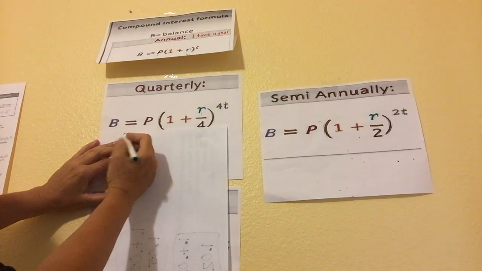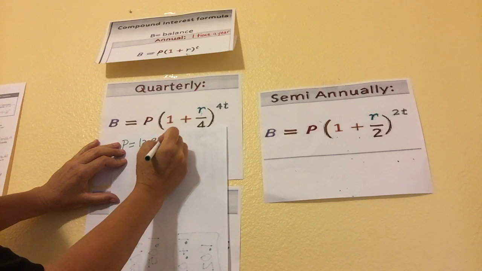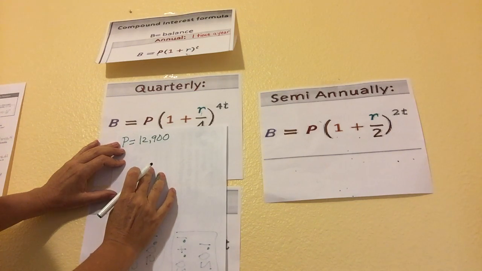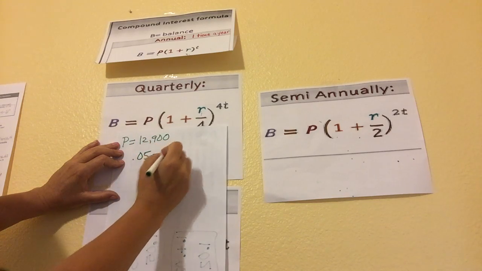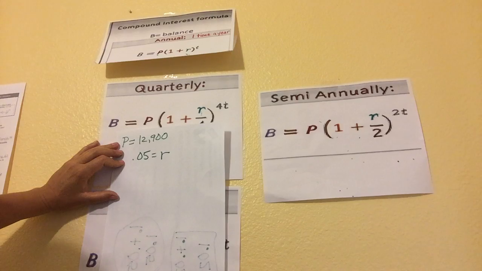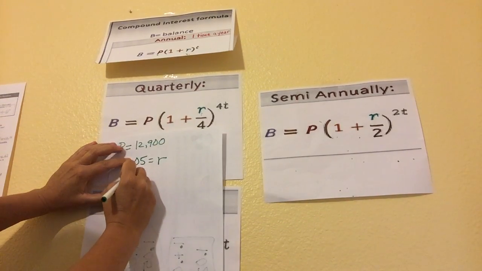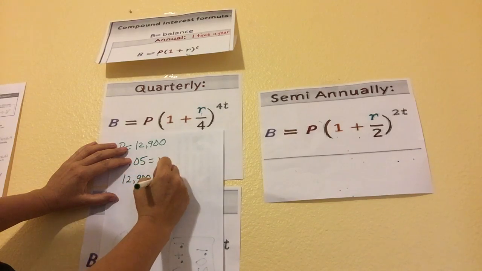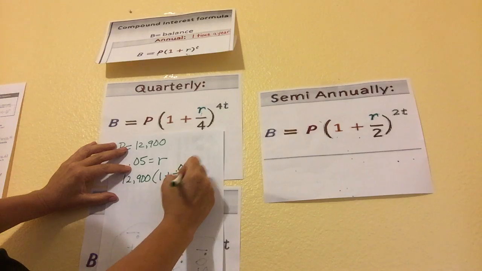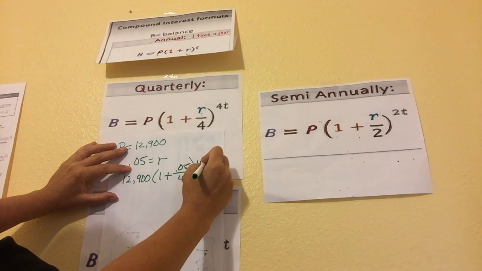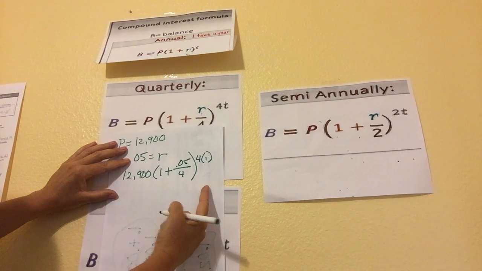So it says the deposit of, so P equals 12,900, and then we have a savings account. It's earning 0.05, that equals R. Okay, and it's doing it per year. Okay, so we're just going to put 12,900, 1 plus R, 0.05 over 4, and then 4, we'll just have that be 1. Okay, so plug that into your calculator.